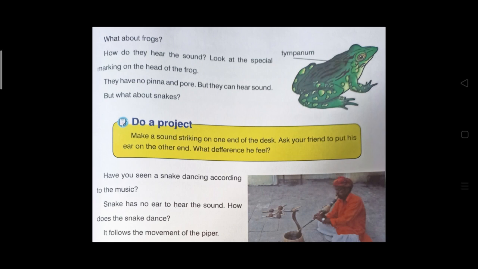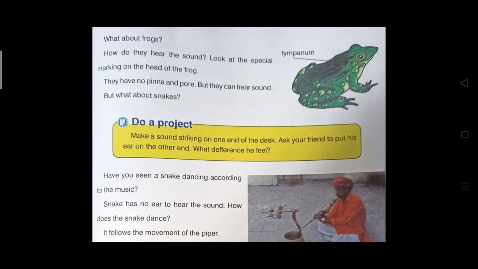When the air carrying the sound travels and reaches the tympanum, the skin moves backward and forward. When it moves, the frog can understand the sound.